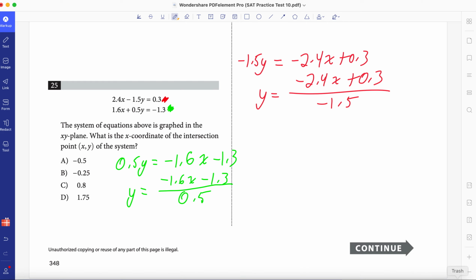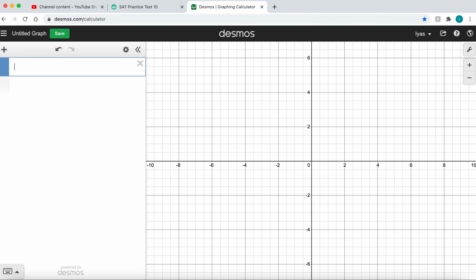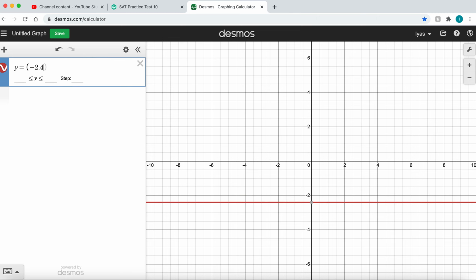Let me write it down on a paper so I don't switch in between the screens. And now we'll just plug these in. And then you can do this portion with your TI-84.